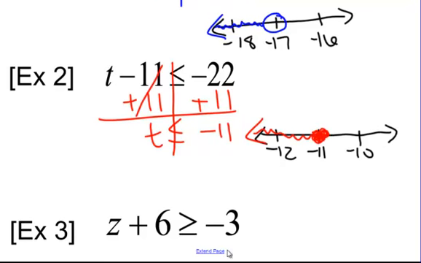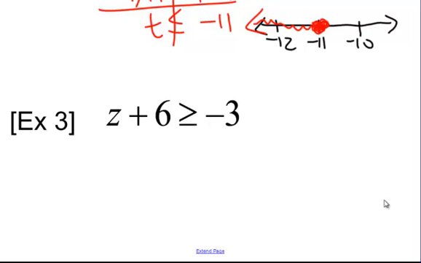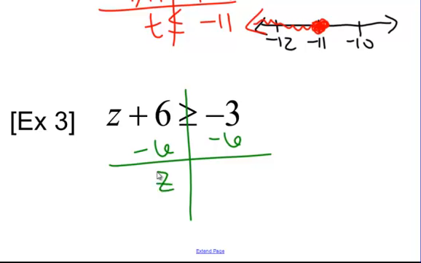Let's try number 3 together. z plus 6 is greater than or equal to negative 3. So I'm going to draw the line. Minus 6, z is greater than or equal to, well, negative 3 minus 6, negative 3 plus negative 6 is negative 9.